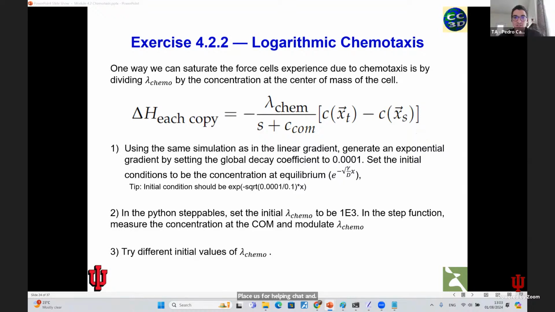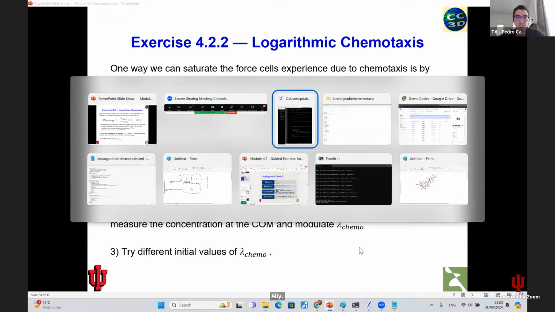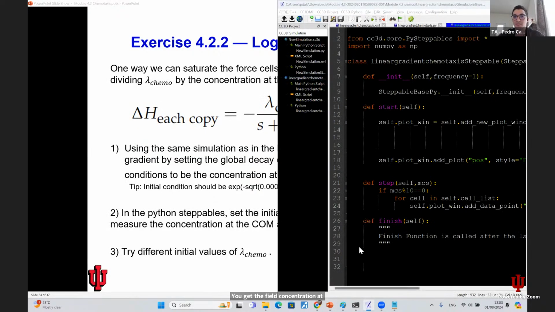Yiren, check if your oxygen name matches exactly the name in XML. How do you get CCOM? No, Ali, you get the field concentration at the cell center of mass.